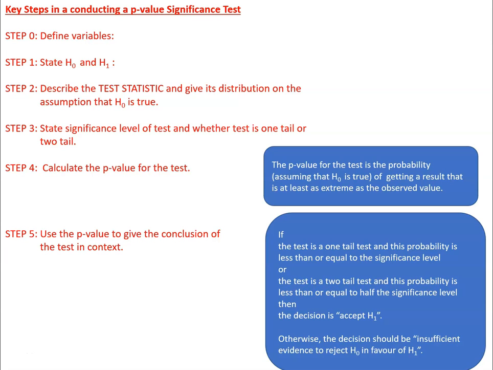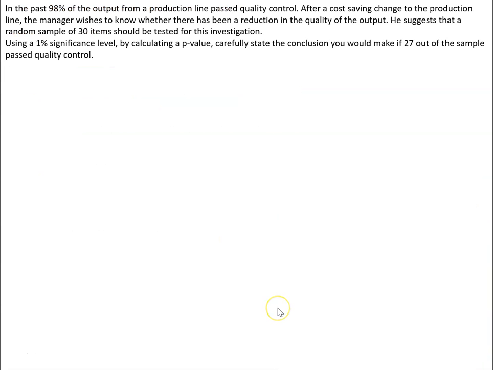Otherwise, the decision should be that there is insufficient evidence to reject the null hypothesis in favour of the alternative hypothesis. So we're now going to move on and look at the two examples that we've already considered using the critical region method and use the p-value method for these two examples.